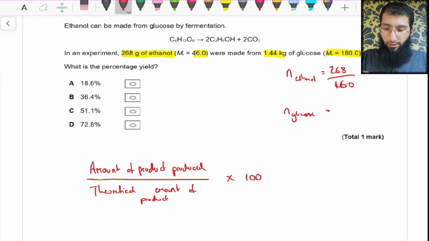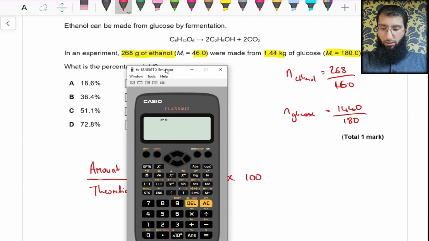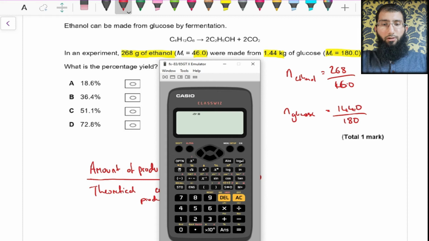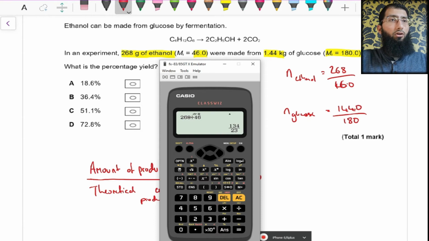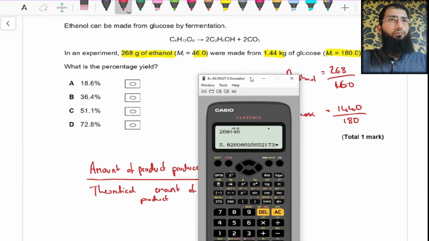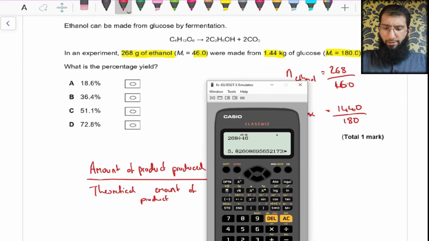If we work out the moles of each one, for ethanol we've got 268 divided by 46, and we get an answer of 5.83 to three significant figures.